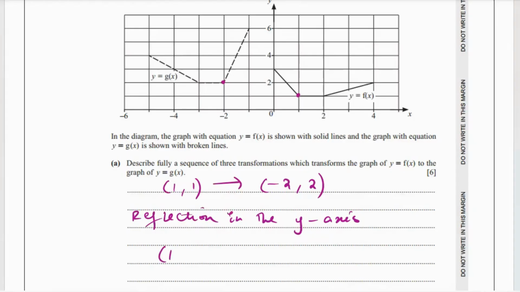So when you reflect this in the y-axis, that would give us negative 1 and 1. Now, negative 1 is becoming negative 2, which means each x value is being multiplied by 2. So now this is a scale factor of 2.